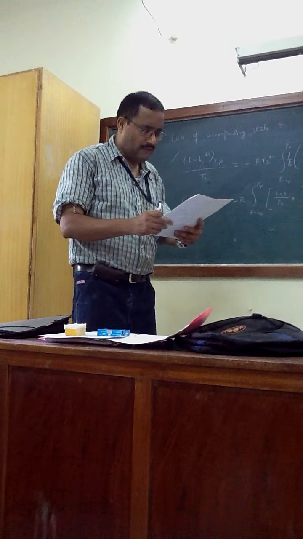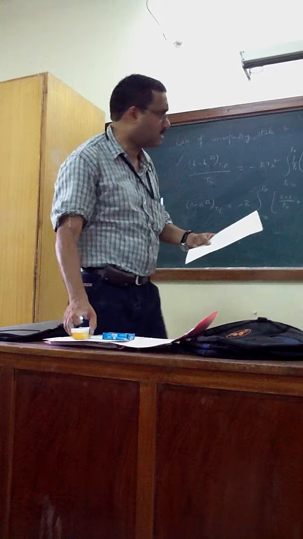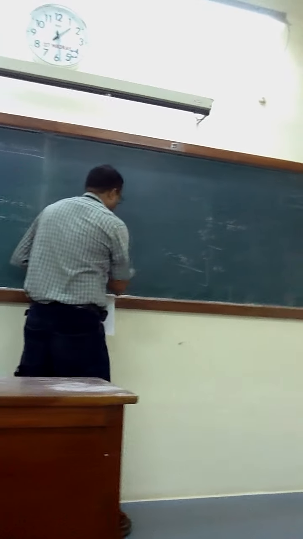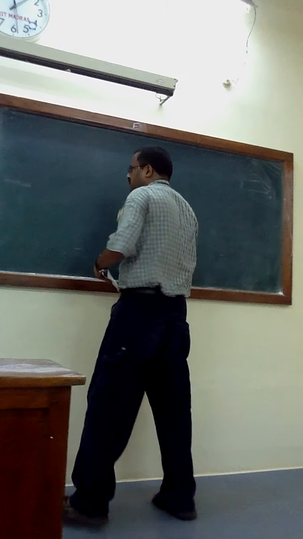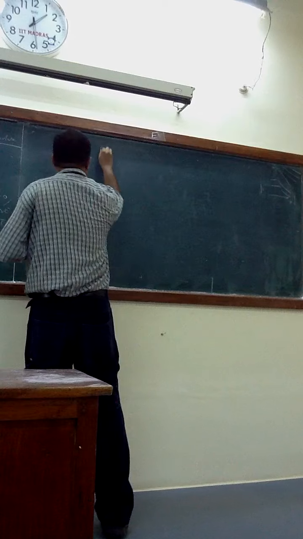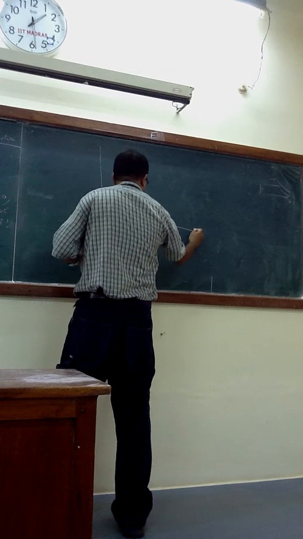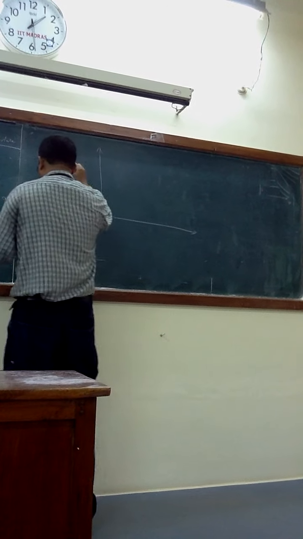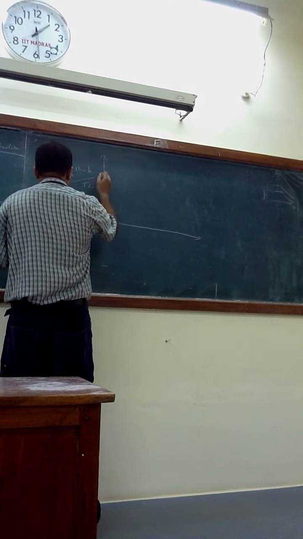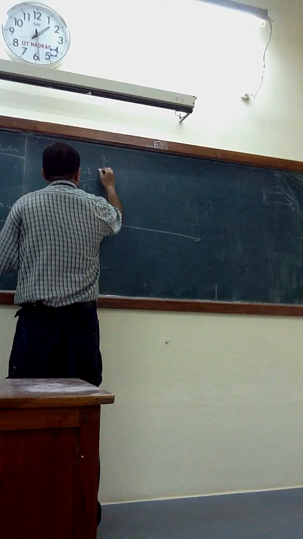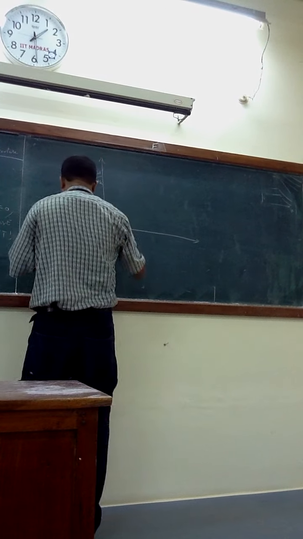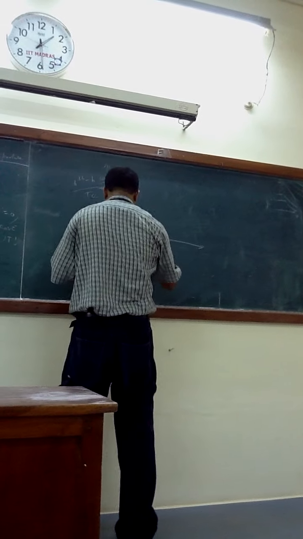So I will give one such diagram in a reduced corresponding state, and let's see how it looks. H ideal gas minus H by Tc, because the negative sign is there, that's why I am putting H ideal gas minus H, calorie per mole per degree Kelvin, which is Pr.